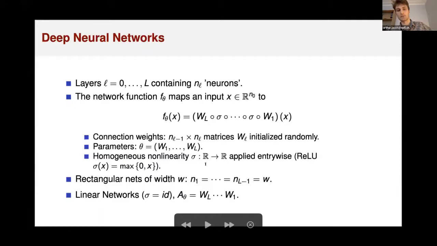Linear networks are those where you don't have any nonlinearity, or the nonlinearity is the identity. In this case, the network function is a linear map, which can be represented by a matrix, and that matrix is just the composition of all of the weight matrices W1 to WL.